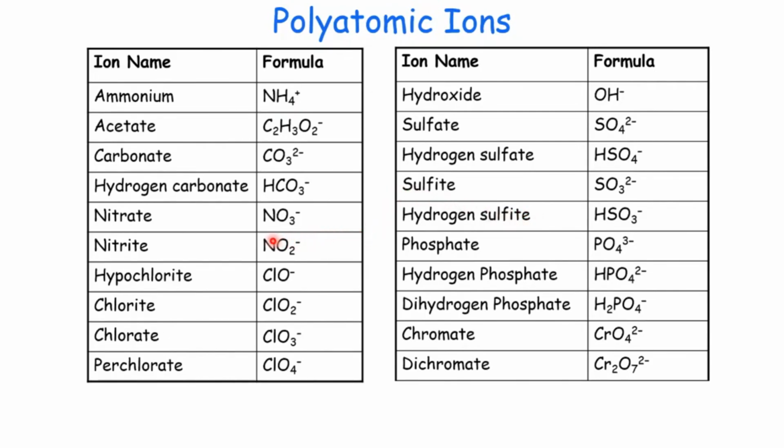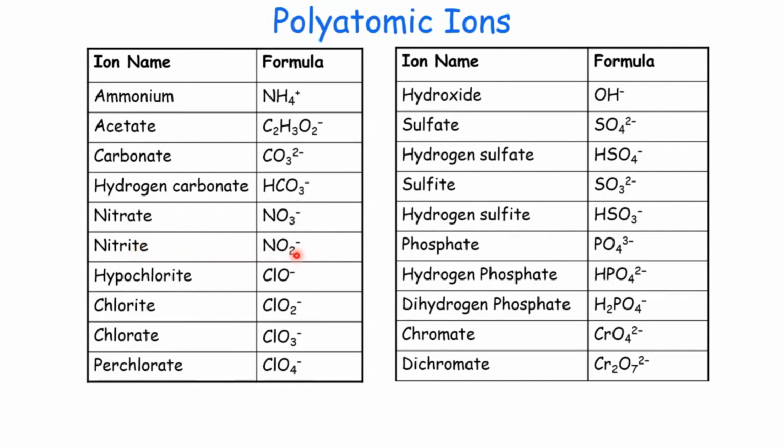Let's see here. Carbonate, this is CO3, and now add 1 hydrogen to it. It's called hydrogen carbonate. This hydrogen actually is a proton, hydrogen ion, +1. That's why the overall charge is -1 instead of -2 in carbonate. Nitrate is NO3, -1.